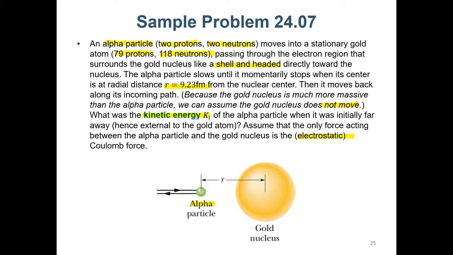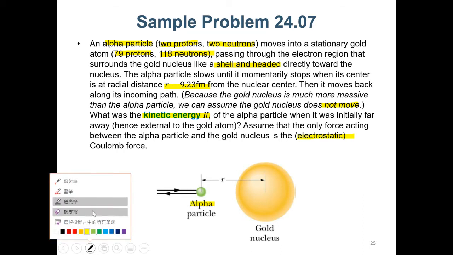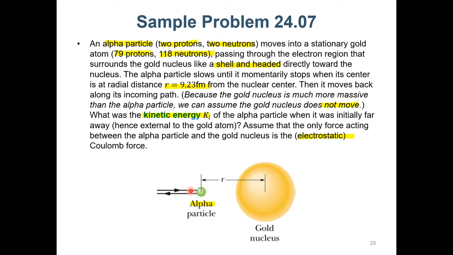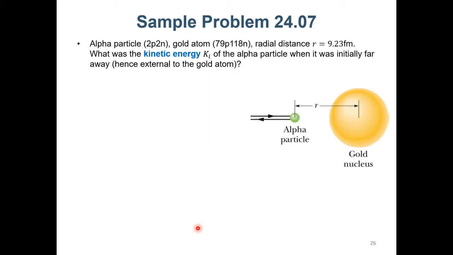So actually, when this alpha particle tries to move closer to this gold nucleus, it will slow down, and at some point it will stop and then go back. In this case, the alpha particle is 2p 2n, the gold nucleus 79p, 118n.